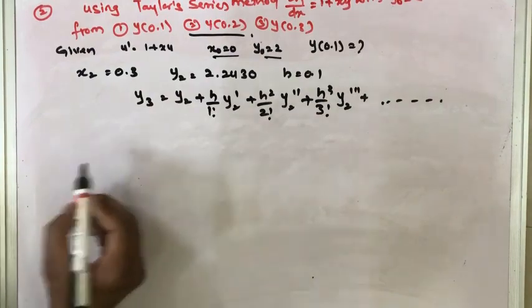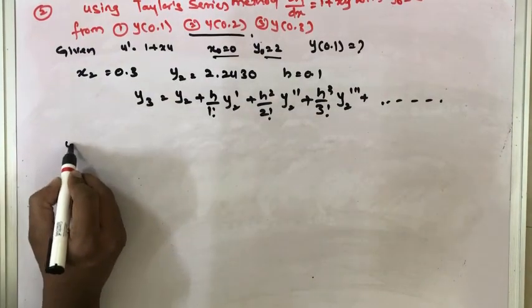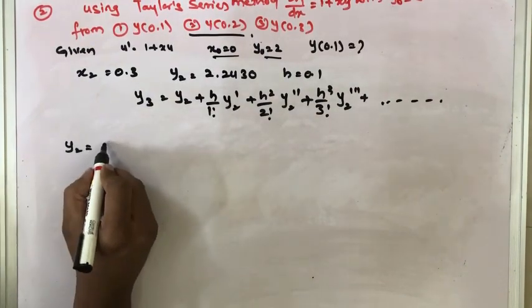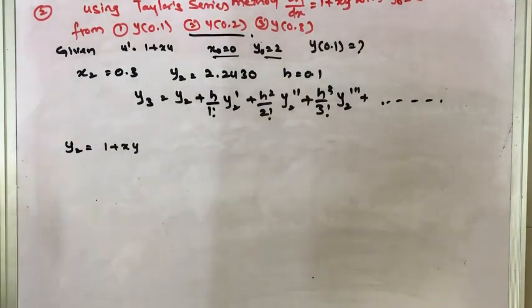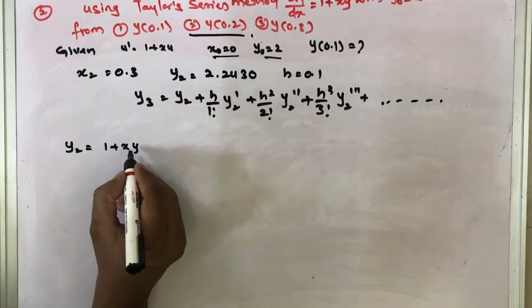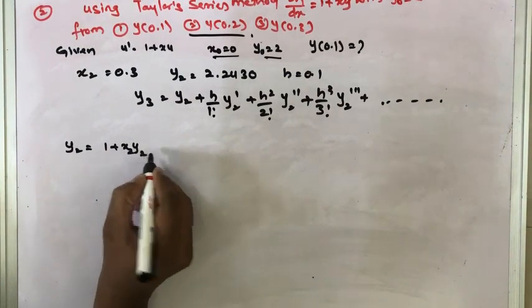Again the same thing, differentiation has to be done. So y2 dash will be 1 plus x into y. Instead of x y, I'll write x2 y2.